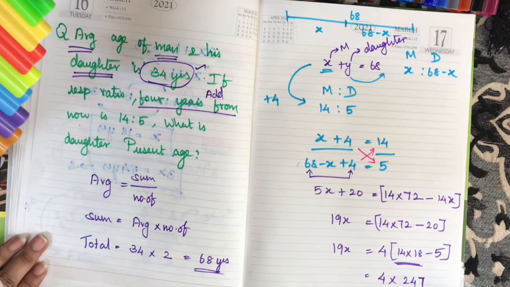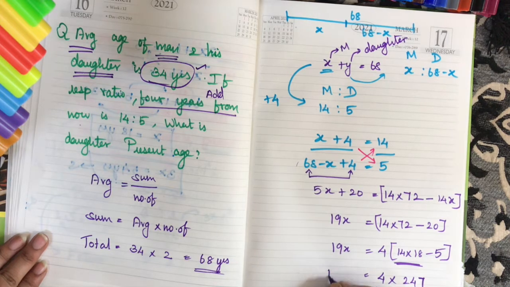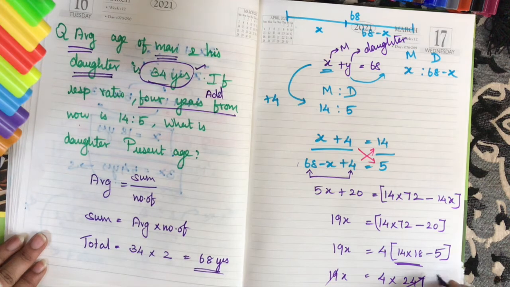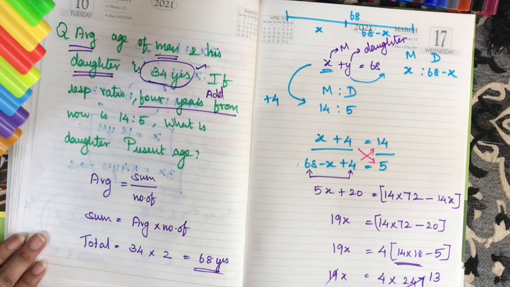Okay, if you multiply it, you will get 252. Then minus 5 you will get 247. Okay, and 19x, so 19 into 13 is 247. So x is nothing but 52.